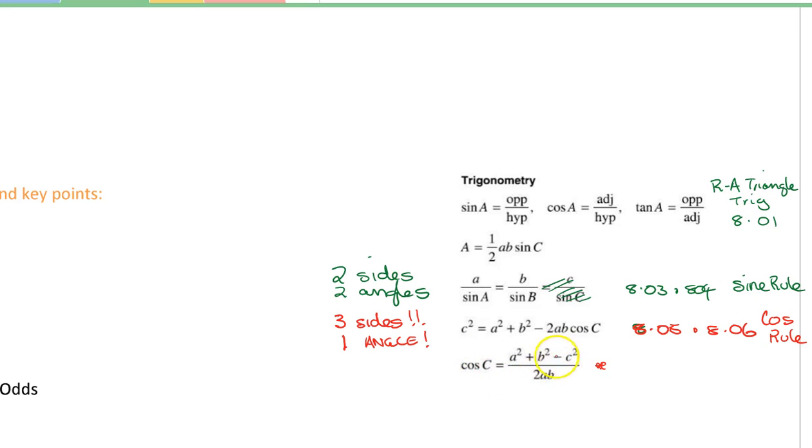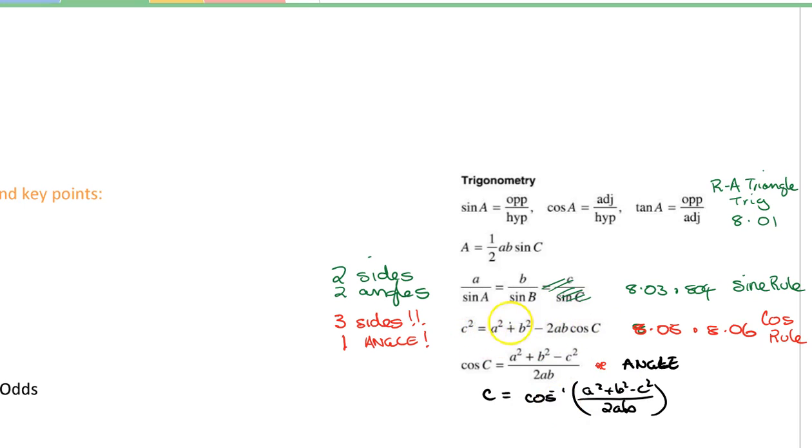The reason that it's written in this format is that this is the format you use if you're finding an angle. Actually there's one more step, isn't there? C is equal to cos inverse of a squared plus b squared minus c squared on 2ab. That's how you actually find the angle.